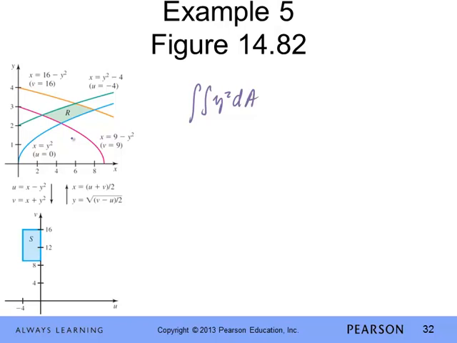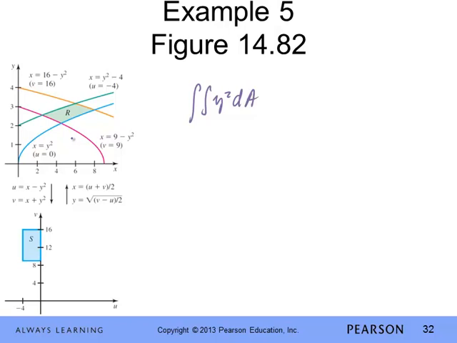And likewise, you could do the substitution for x plus y squared, both for this curve and for this curve. And you'll see that if you replace v with x plus y squared, then v will vary between 9 and 16. So making those substitutions using u equals x minus y squared and v equals x plus y squared, you're integrating over this rectangle.